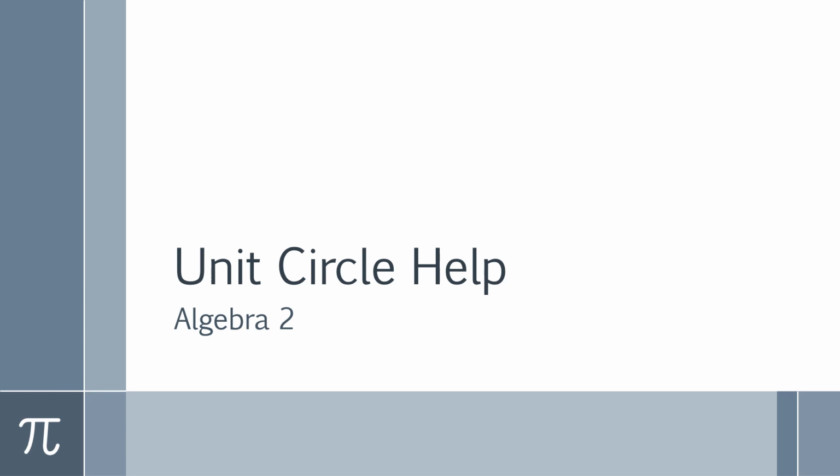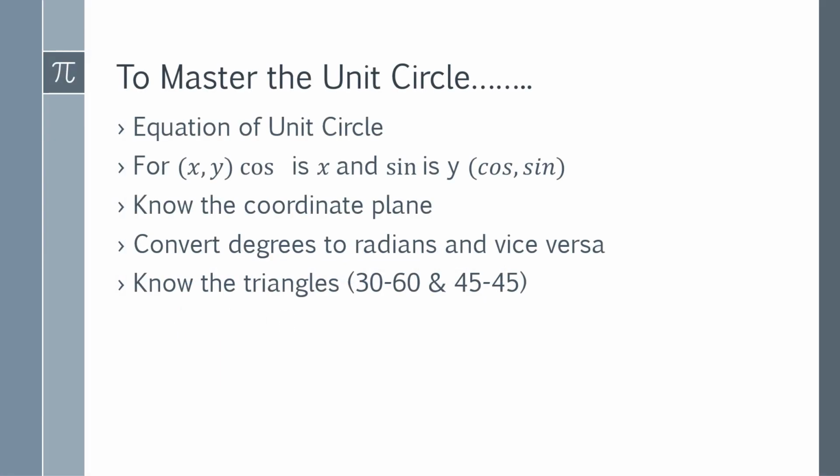In this presentation, I'm here to help you out with the unit circle. To master the unit circle, you gotta know the equation of the unit circle. Know for x comma y, cosine is x and sine is y. Know the coordinate plane. Convert degrees to radians and vice versa.